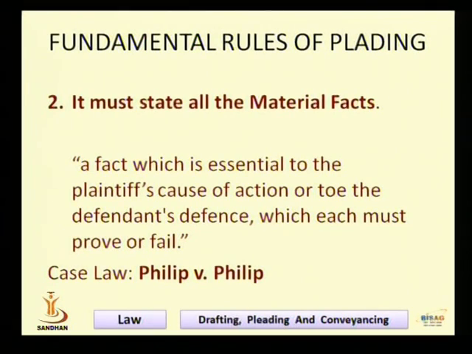Any fact which is necessary and essential to the plaintiff's cause of action, or important for the defendant's defense, is a material fact.